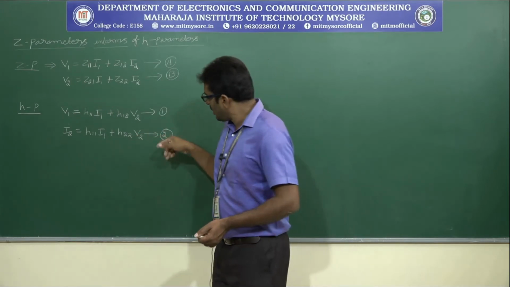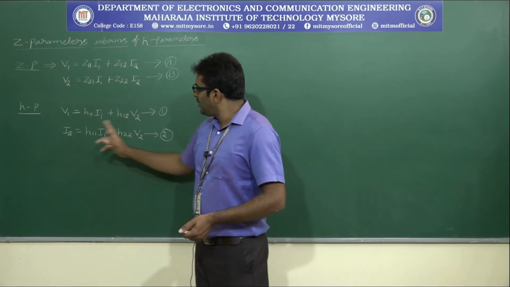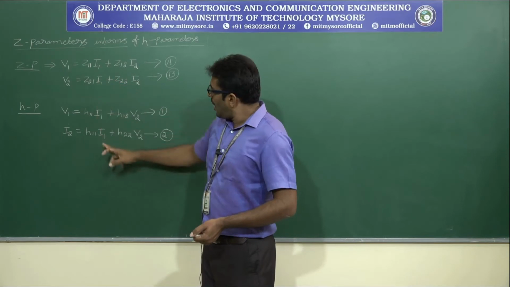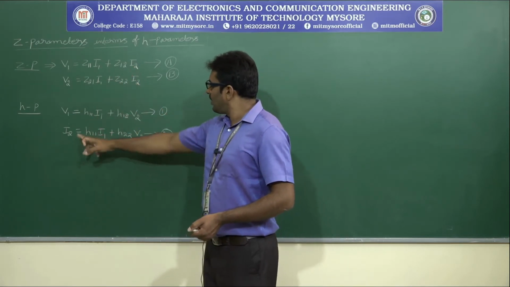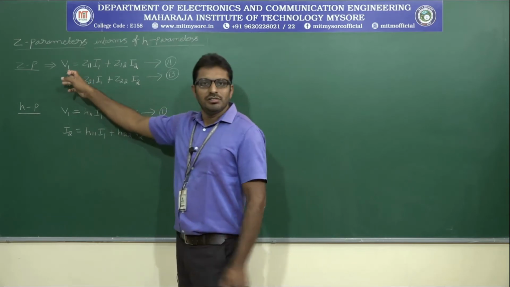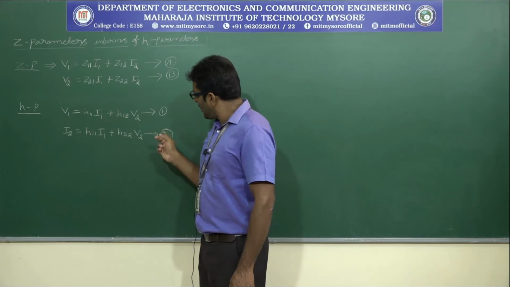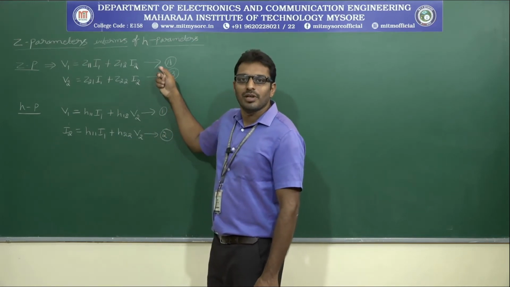Now, let us move on to the second equation. What are the variables here? I1, I2, V2. I1, yes, it is there. I2, yes, that is also there. Last one, V2. V2 is not there in equation A. So, it is not possible to express equation 2 just like equation A. Okay.